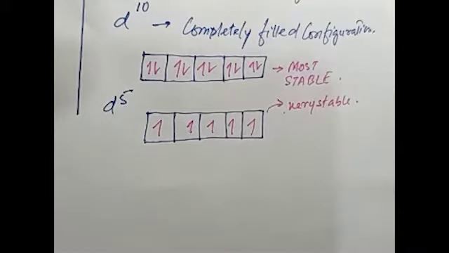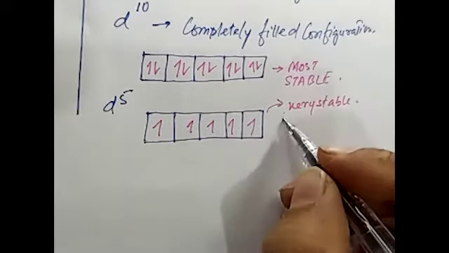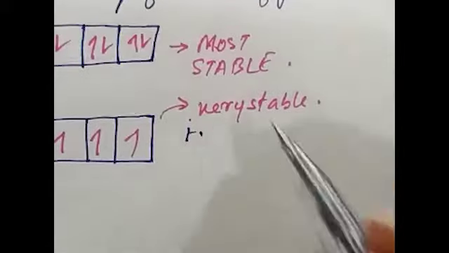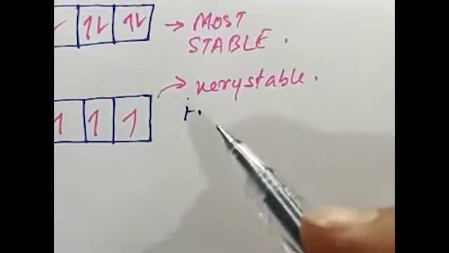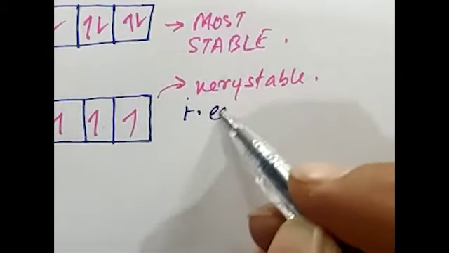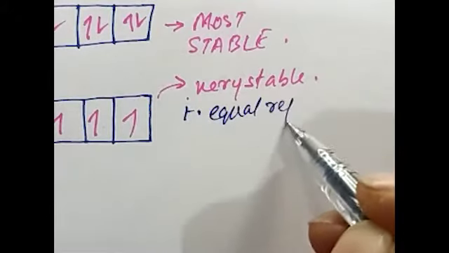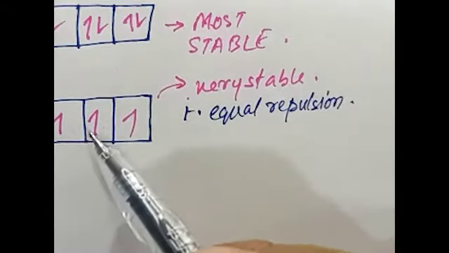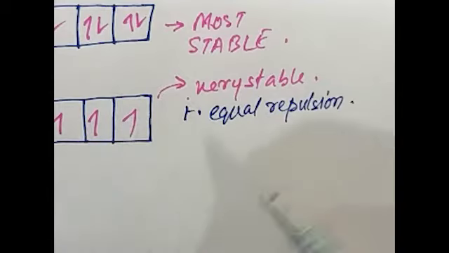There are two reasons why such kind of configuration is very stable. We have discussed. Number one, the first reason why it is very stable is equal repulsion, because all the orbitals have equal number of unpaired electrons, so the repulsion is very similar or equal.